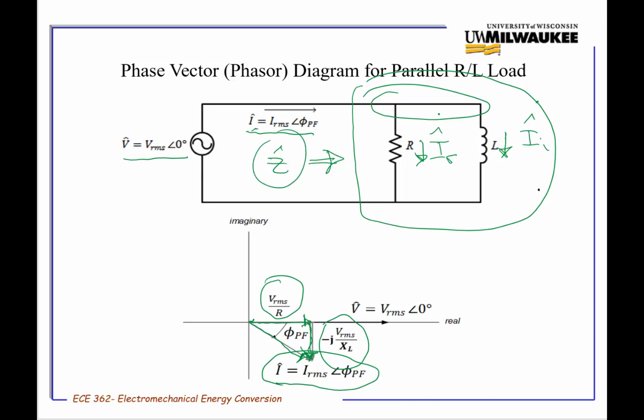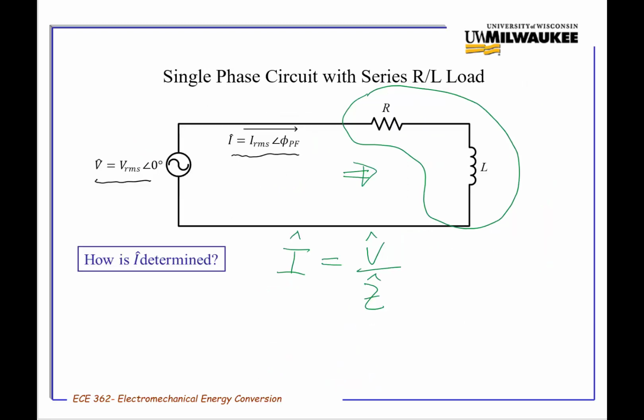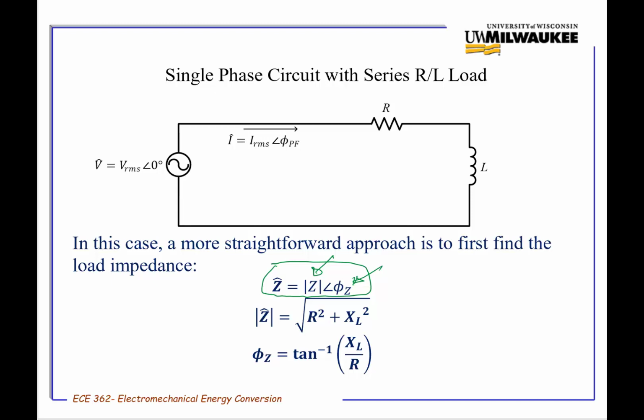Essentially, the angle of the impedance, which is phi z, is equal to the negative of the power factor angle. This will become a little clearer as we look at this series RL circuit.